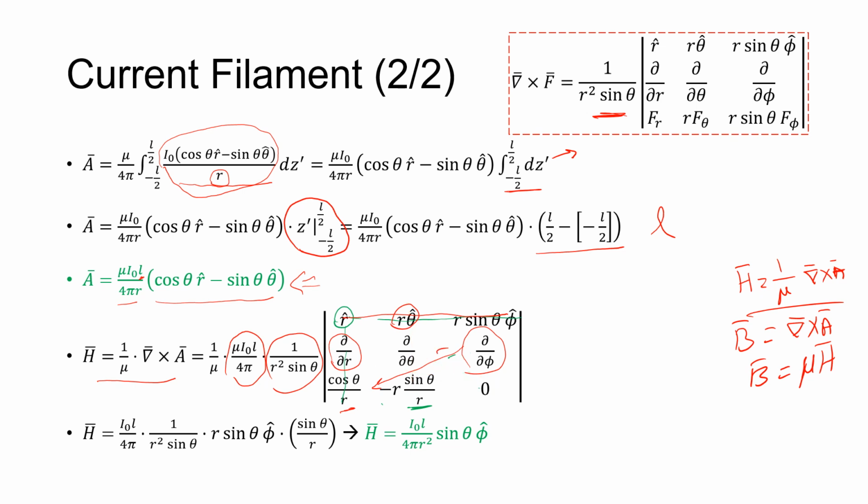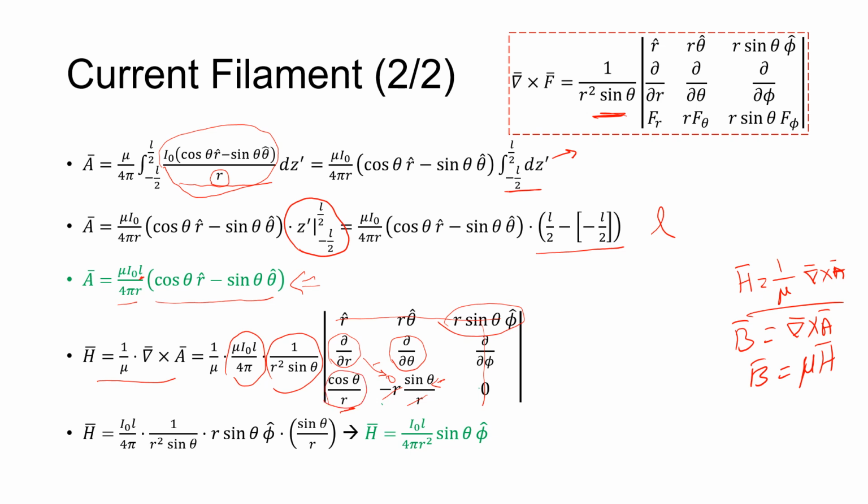Finally, we will have the last element, which is the phi direction. Again, we cancel this and this. Then we have partial by partial r. We need to note first that r will cancel with r. This is a function of theta, so again, this one will tend to be 0. And finally, partial by partial theta of cosine theta over r.